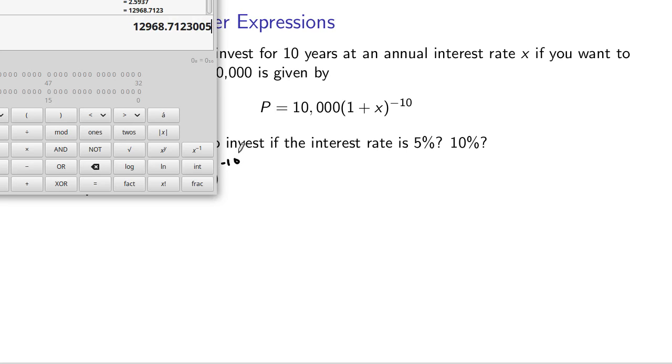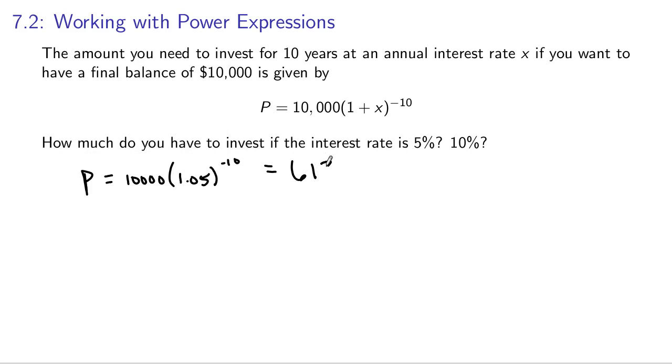So using a calculator, 1.05 to the negative 10th is 0.613913, and multiplying that by 10,000, we get $6,139.13.